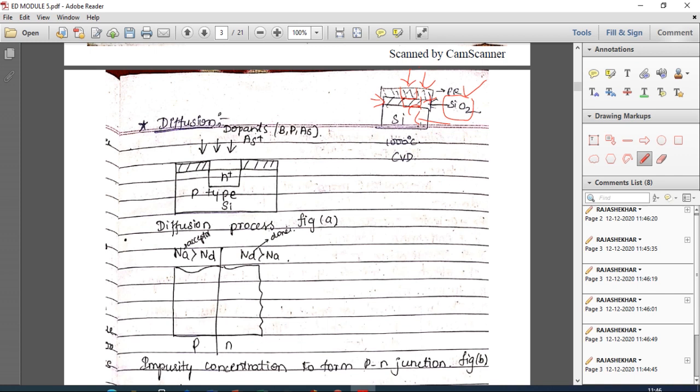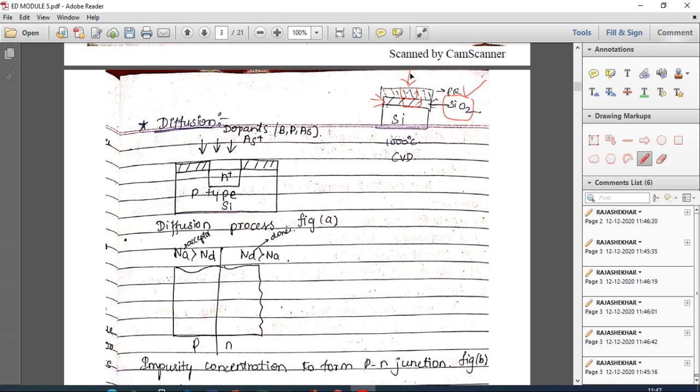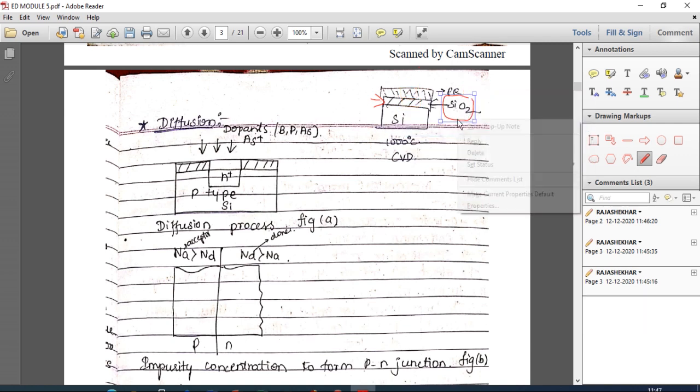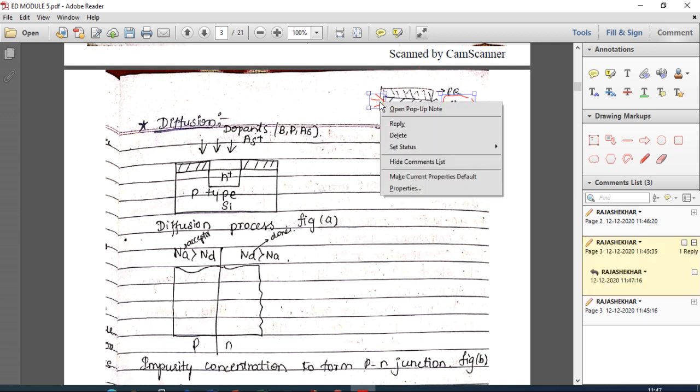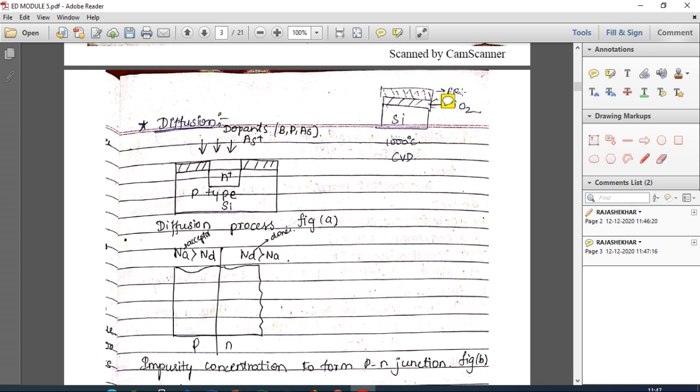This is the process which happens in diffusion. What have I taken? I have taken one silicon substrate and exposed it to thermal oxidation. Once it is exposed, it forms a silicon dioxide layer. Then the photoresistive material is used and exposed to light.